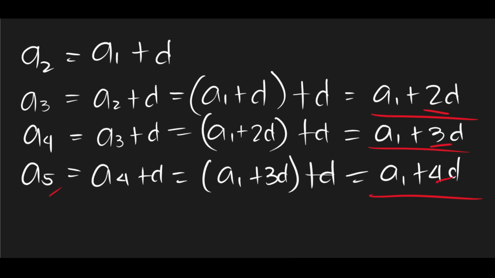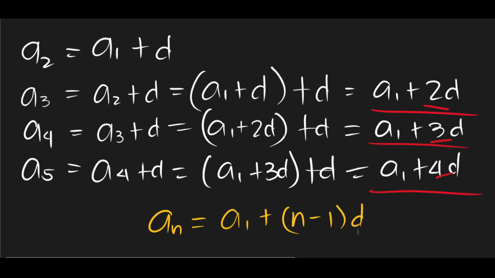So we can arrive at the general formula: a_n is equal to a1 plus, not a_n minus 1, but n minus 1, because this is a multiple. So this is n minus 1 multiplied by d.